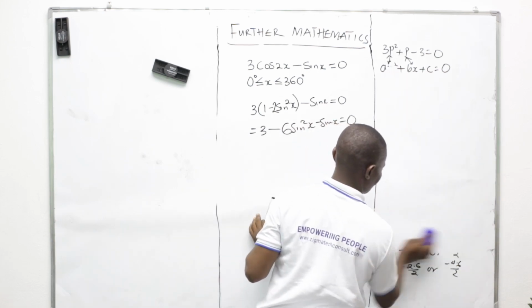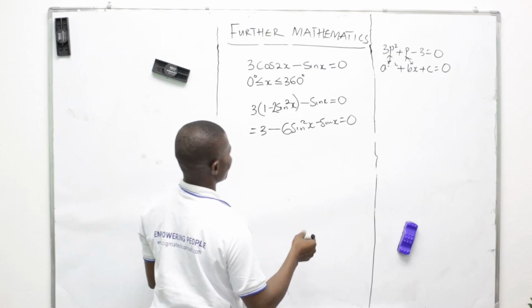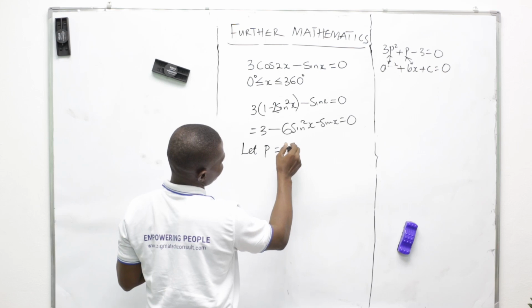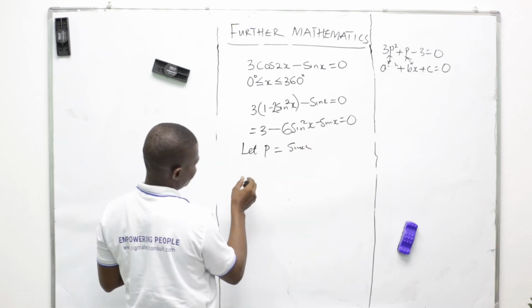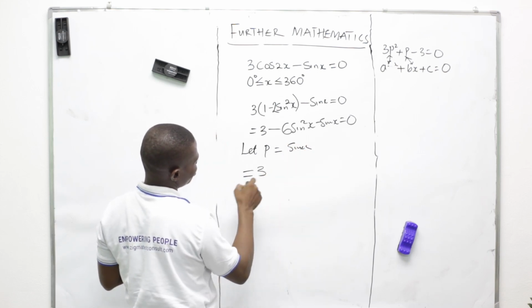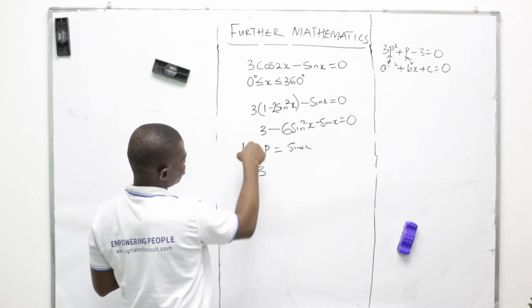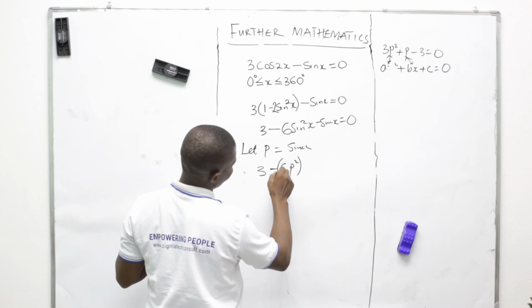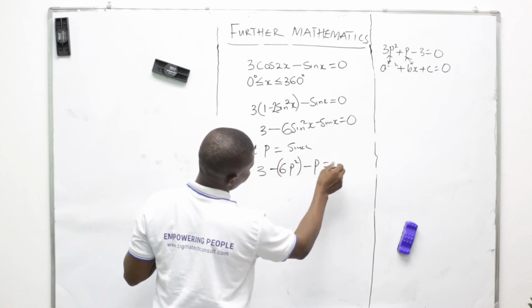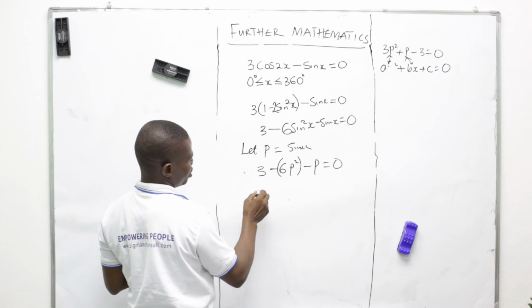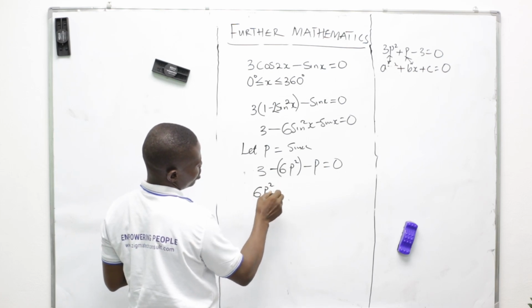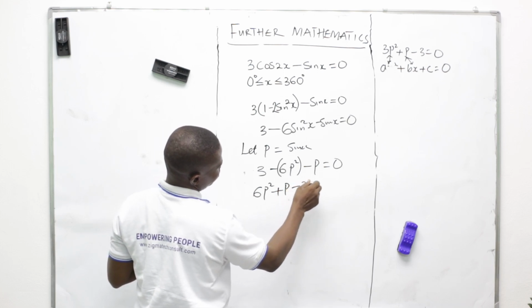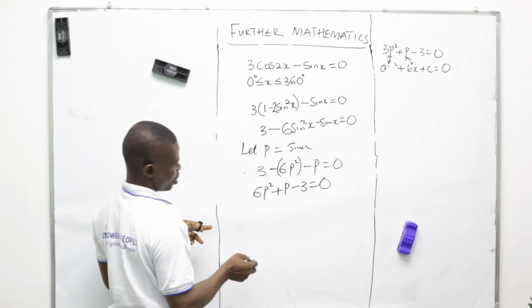That means that if we let P be sine x, as usual, 3 minus 6P squared minus P equals 0. So that 6P squared plus P minus 3 equals 0.